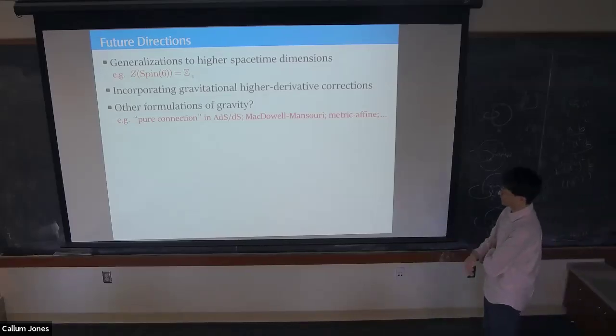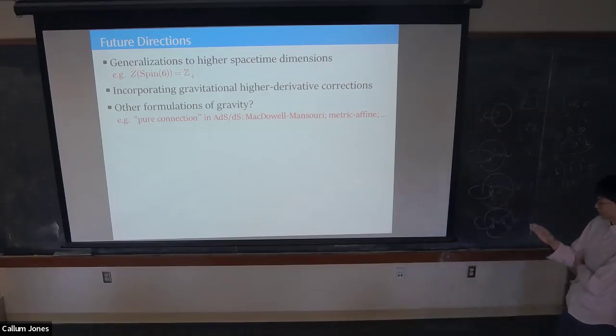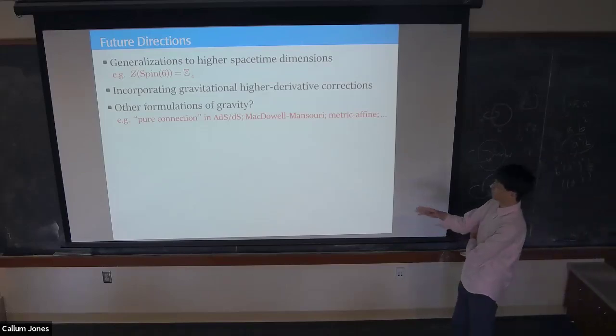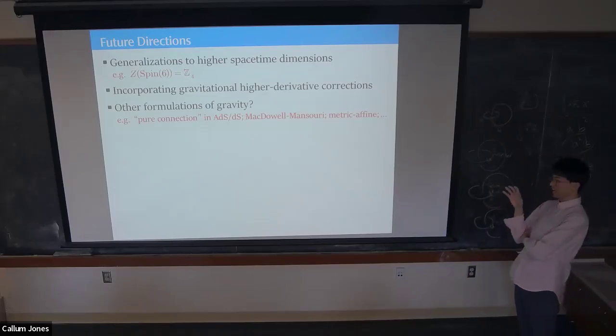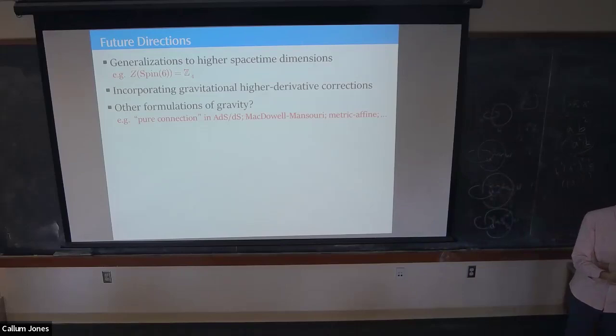We can also think about whether this construction of higher-form symmetry can be done in other formulations of gravity. For instance, there is a very interesting formulation of gravity purely in terms of connection variables. There's also a formulation called the MacDowell-Mansouri formulation, which writes down the Lagrangian of gravity as F squared, and that's very interesting.